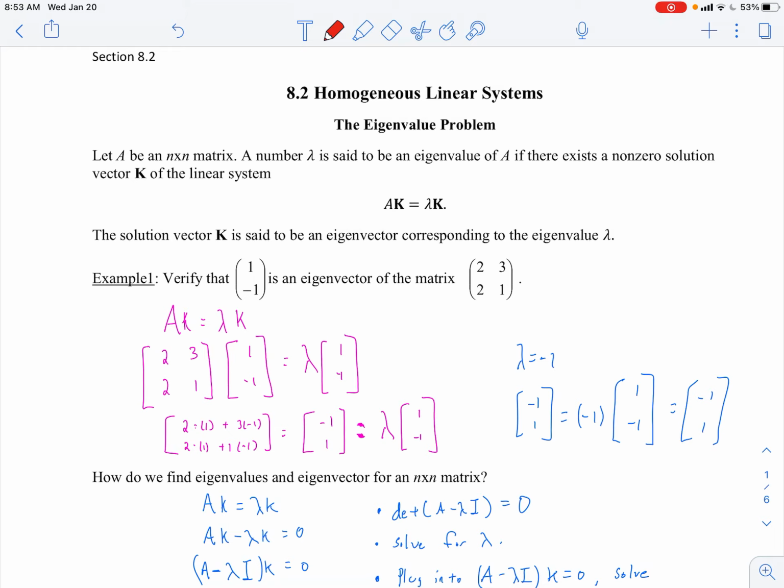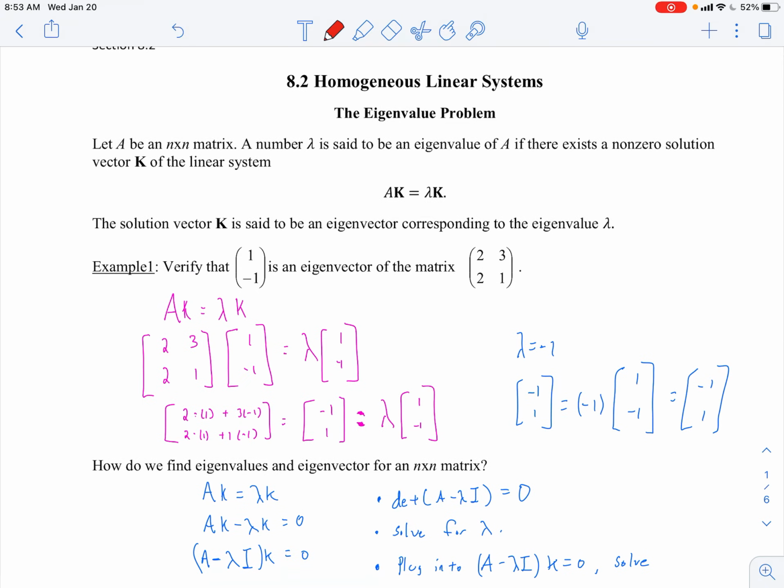And so if that's the case, then there is going to be some scalar that's going to be an eigenvalue, such that when we multiply that eigenvalue times our solution, it's going to be equal to our matrix times our solution. And what we call that is the lambda. And if this occurs, then the solution vector is said to be an eigenvector corresponding to the eigenvalue lambda.